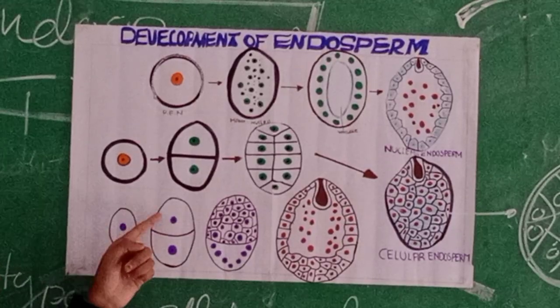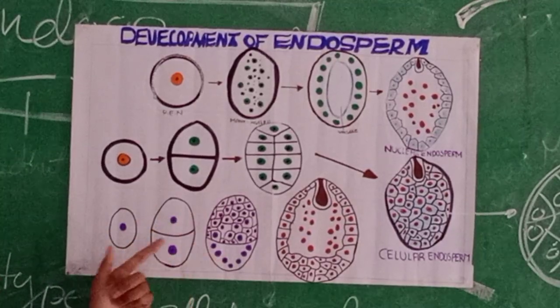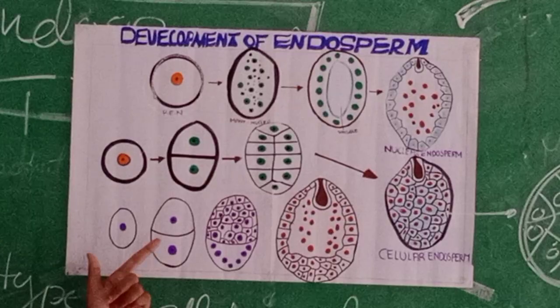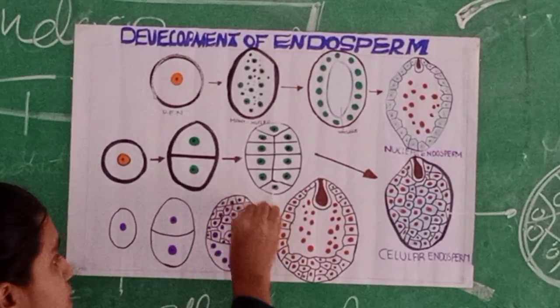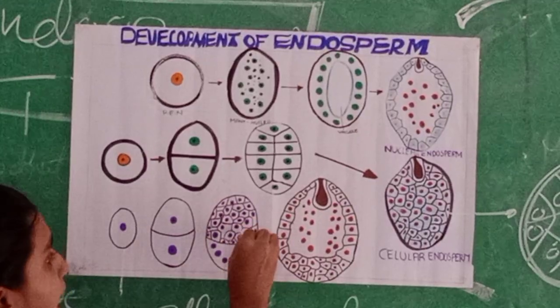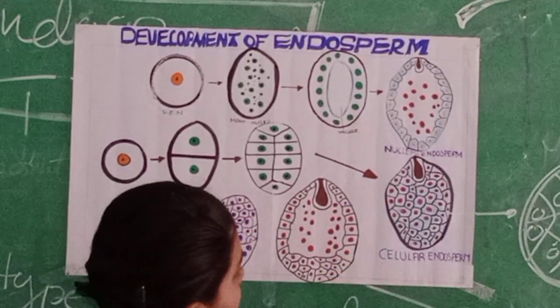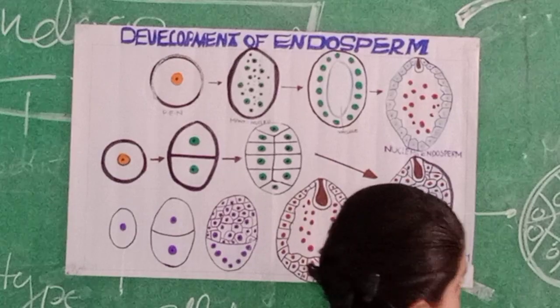The upper is the chalazal cell, which is larger, and the lower is the small micropylar cell. Further, these two cells undergo cellular division, forming intermediate endosperm.